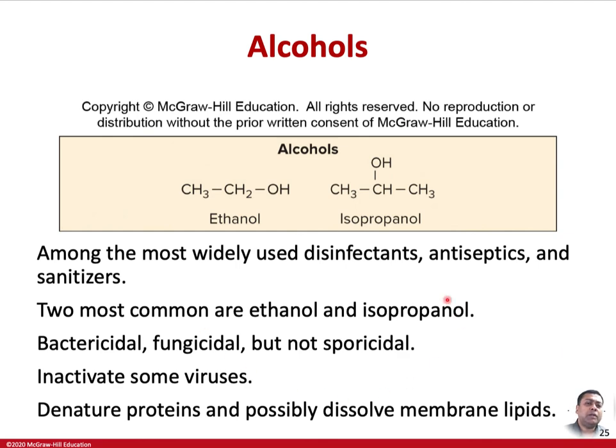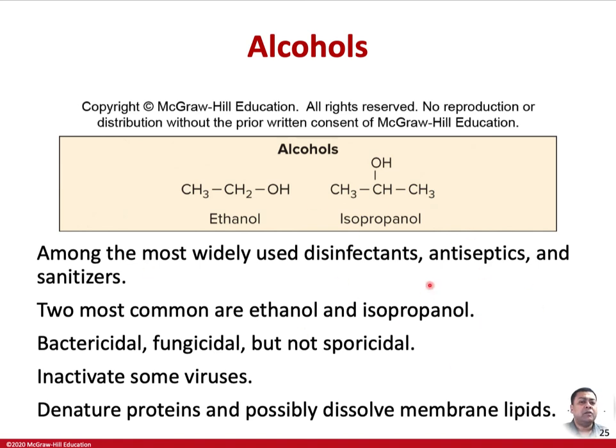Usually 70% alcohol is more effective than a much more concentrated one, like 95% or 100% alcohol. Most of these ethanols or isopropanols are used at a concentration of about 60 to 80%. The presence of water along with the alcohol is very important for killing microorganisms.